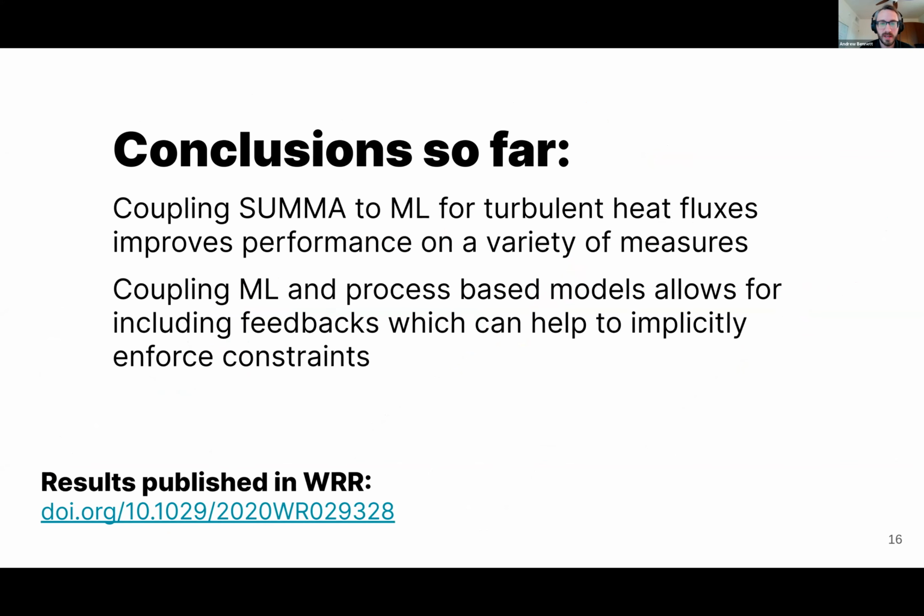So this indicates that maybe we should continue moving in this direction, get more sophisticated machine learning models, and start analyzing them a little bit more. This coupling allows us to include feedbacks dynamically that help enforce these constraints without having to encode them directly. For instance, that soil moisture state led to better predictions of the long-term evaporative fraction.